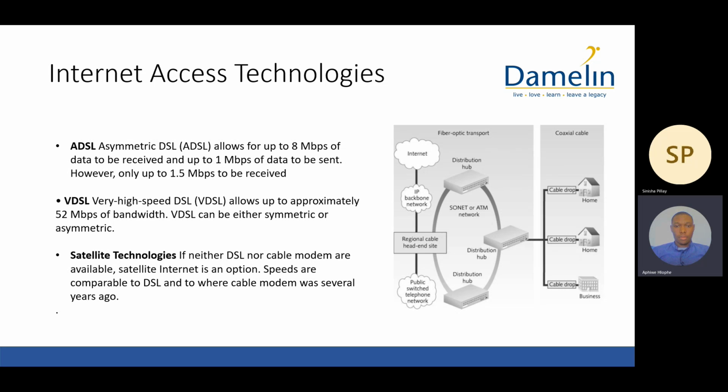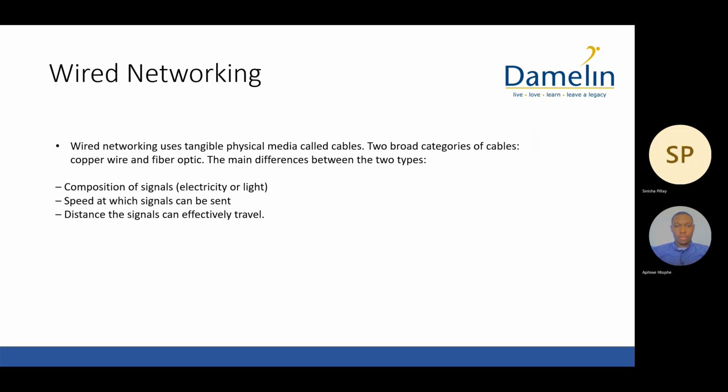You can see that the bandwidth it can send is up to 52 megabits per second, which is way faster than what ADSL can transmit. If neither DSL nor cable modem are available, satellite internet is an option. Speeds are comparable to DSL, and to where cable modem was several years ago. So we also have the option of using satellite-based internet connections.